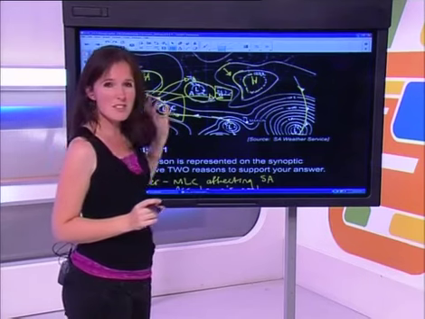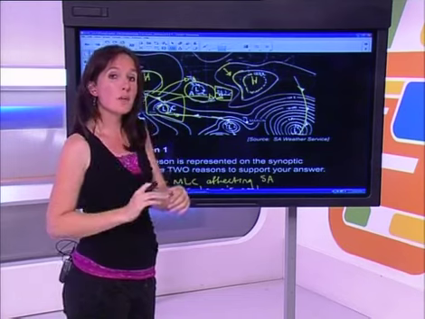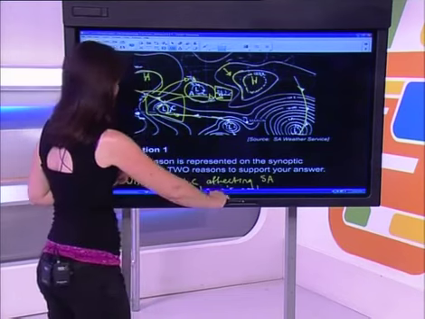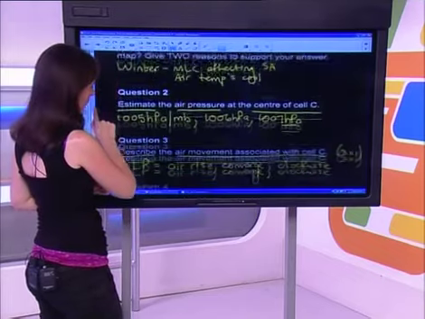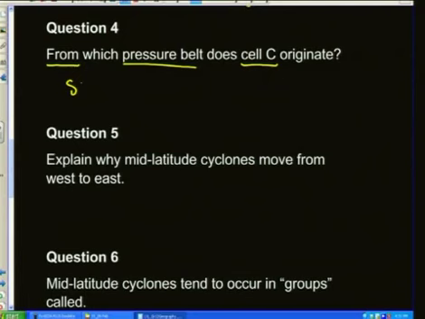They like to give you a synoptic chart and say, what pressure belts are we looking at here? That comes from your global air circulation last year, so that knowledge really needs to filter in here. Let's write that answer down. You have to write it out in full. Subpolar low pressure.